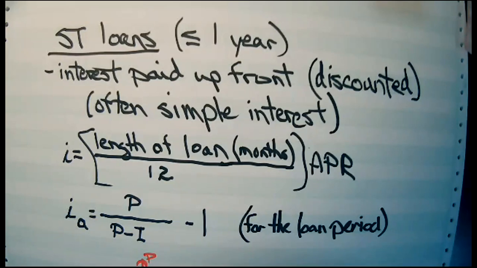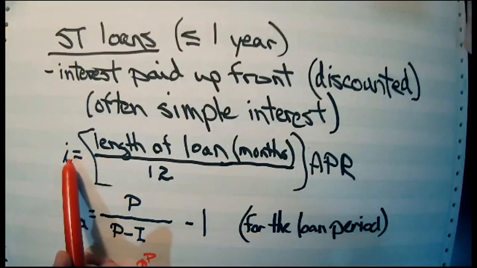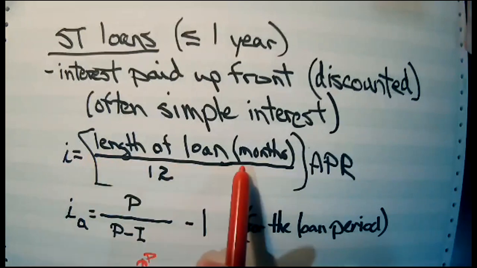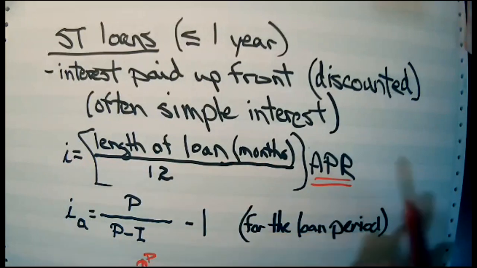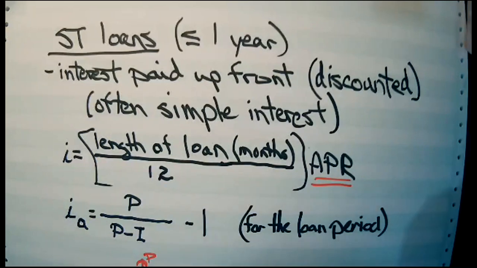Okay, the interest that you're going to pay, the interest rate, if you will, is, so you take the length of the loan in months. They will give you an APR. And that APR, okay, we'll loan you 12%, 8%, 9%, 6%, whatever the APR is.